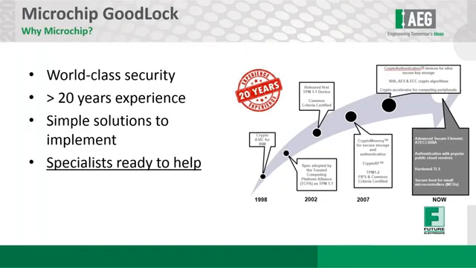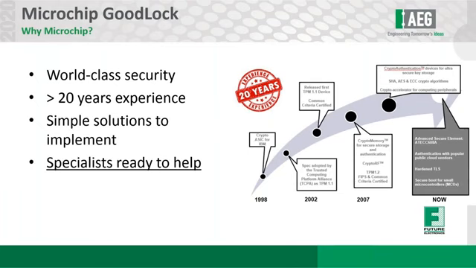Also, you may discover that you need help, because security is sometimes very complicated, with all the math functions. You need to know who understands what and how to make it all work together. So Microchip simplifies all of those challenges for you. Microchip has been in the security industry for over 20 years.